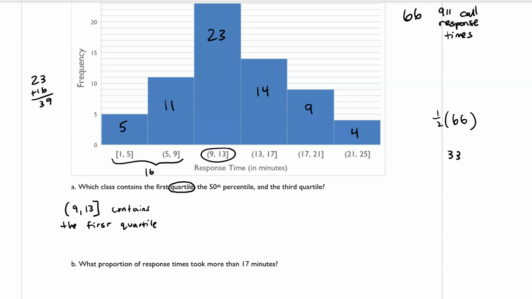And so if we were to go higher, we're already looking for the interval that contains 33 people, basically. But if we add the first 3 bars together, there are 39 response times or 911 calls there. And so that means that the median is also going to fall within that interval. So 9 to 13 contains the 50th percentile.